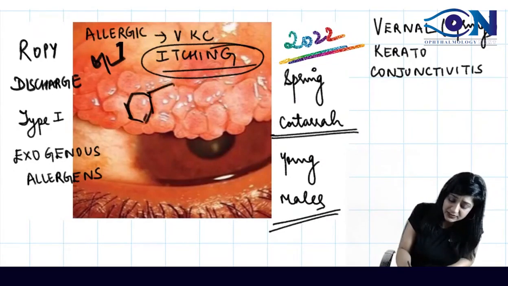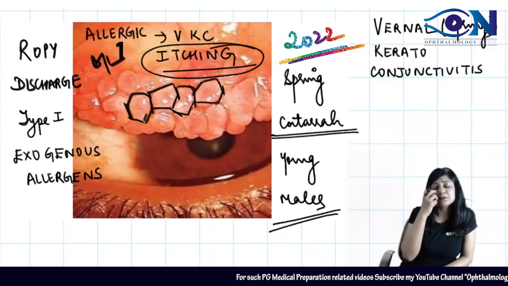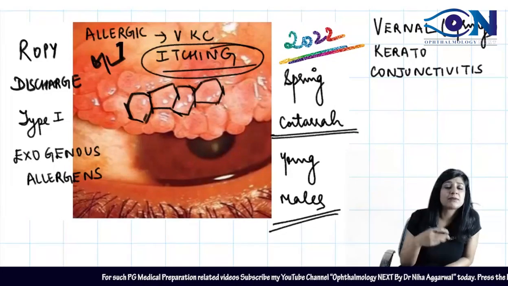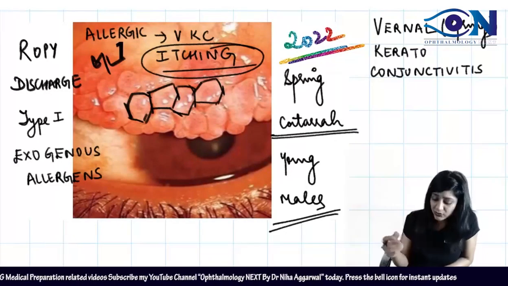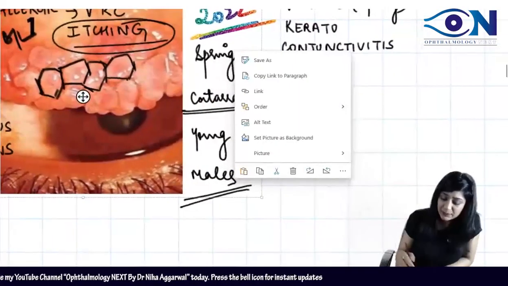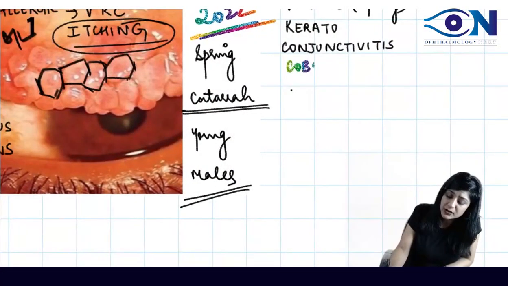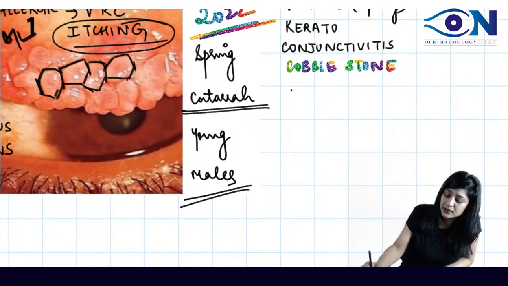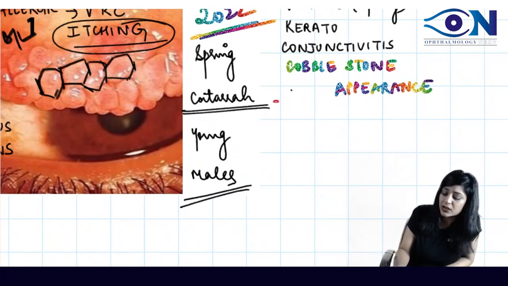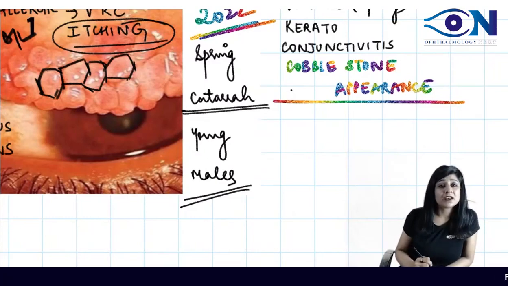It could be hexagonal, it could be pentagonal. This is very typically called the cobblestone papillae or the cobblestone appearance.